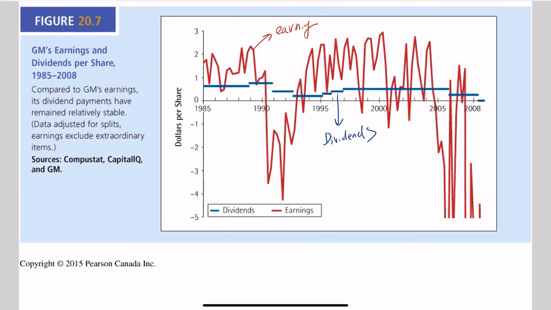But what you can see here is the dividend is quite constant, right? I mean, it's not exactly constant, but you can see that it's very smooth, right? It only changes 5 times over 30 years, right? So the firm does not change dividends a lot.